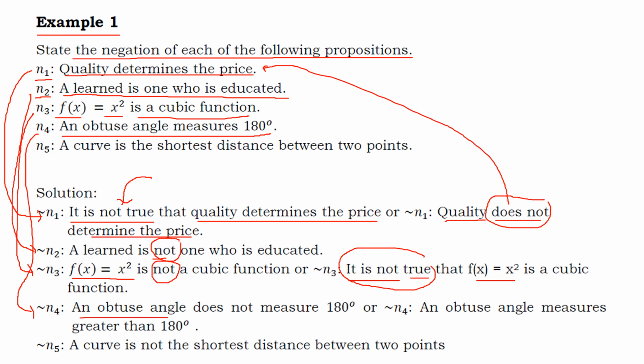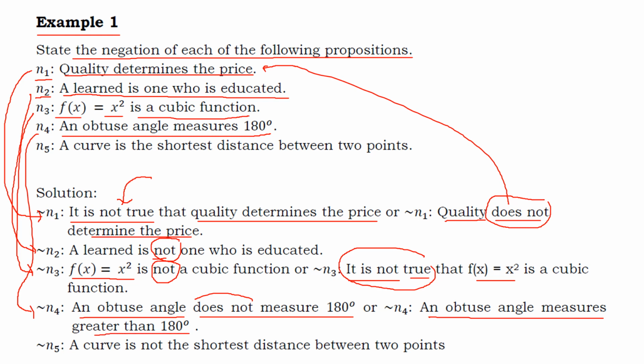An obtuse angle does not measure 180 degrees. So we put does not here for us to oppose the original proposition. And in another way on how we convert this one to its negation, an obtuse angle measures greater than 180.